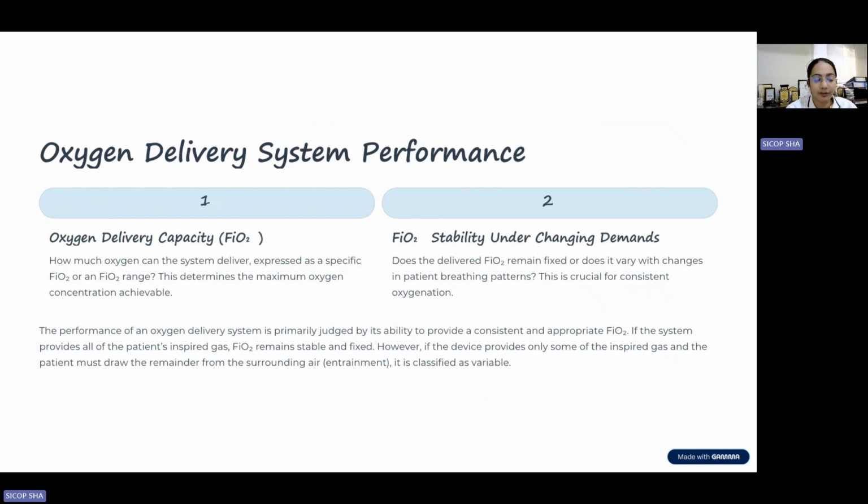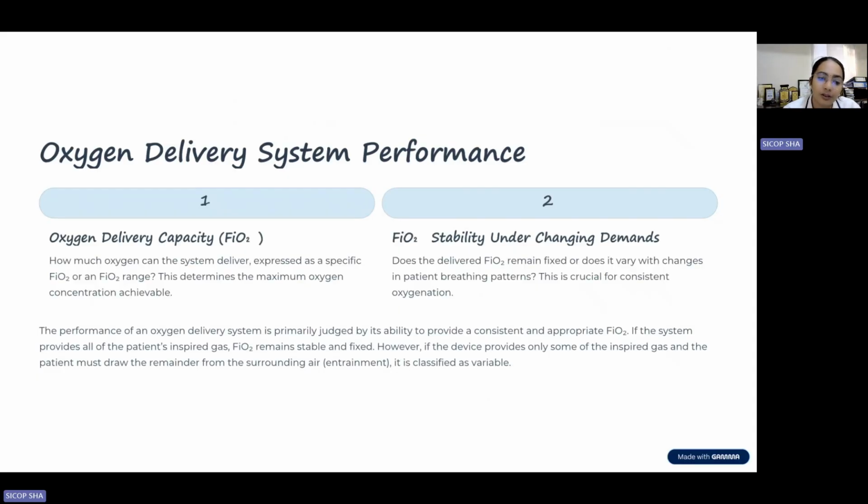Whenever I put on a mask, there might be gaps between the mask and my face, and external atmospheric air can go inside. Once it goes inside, it will mix and dilute the concentration of oxygen delivered by the system. So in that case, there will be certain variability associated with the mask.